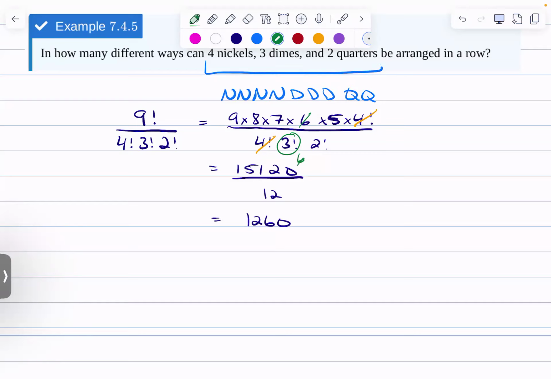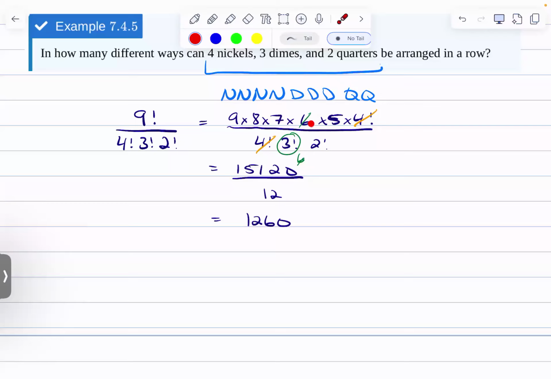You cannot, because this is just a 5. But this 4 factorial is taking the place of 4 times 3 times 2 times 1, so they're all gone.